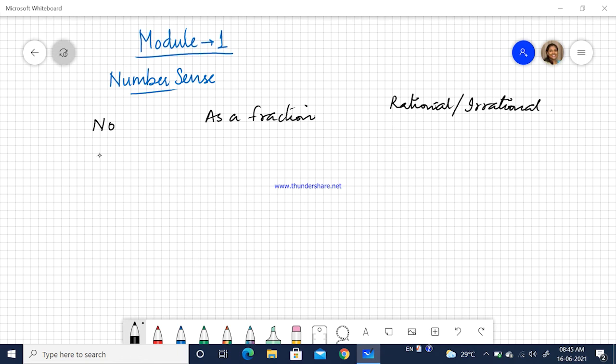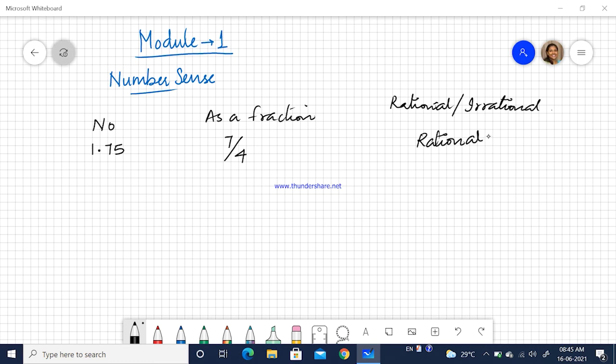If I say the number 1.75, it is represented as 7 by 4. So 1.75 can be expressed in the form p by q, and such numbers are called rational numbers.